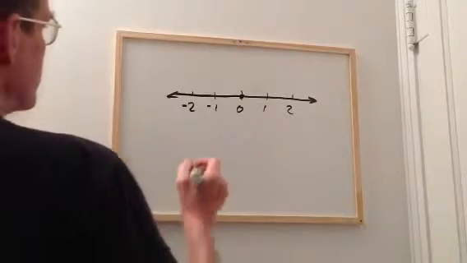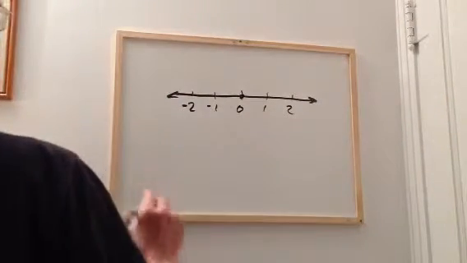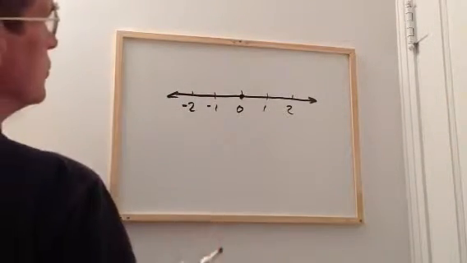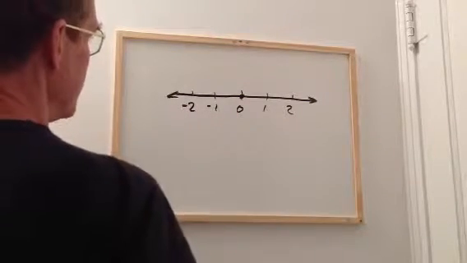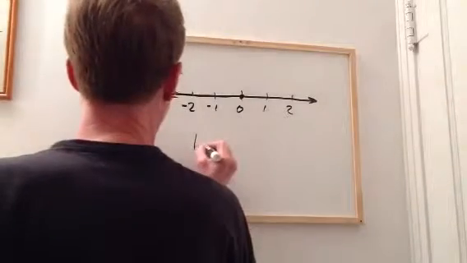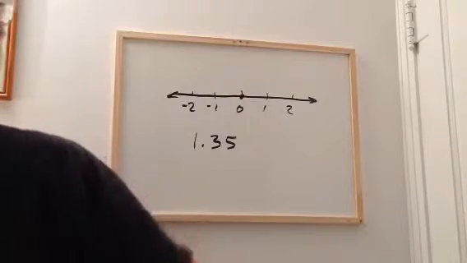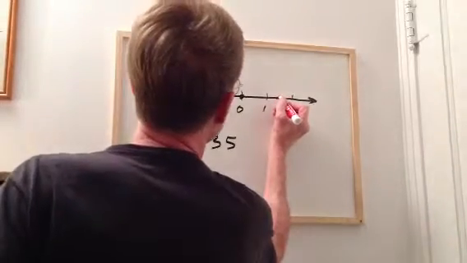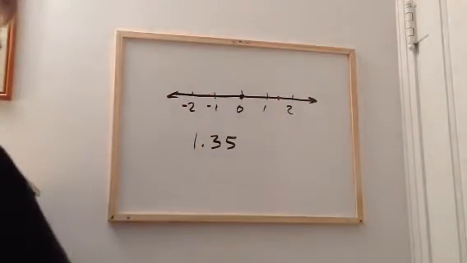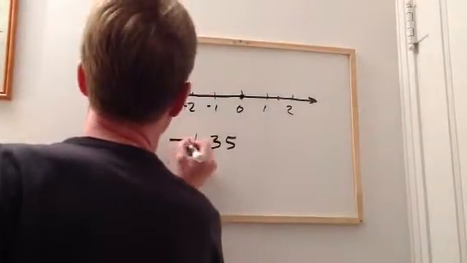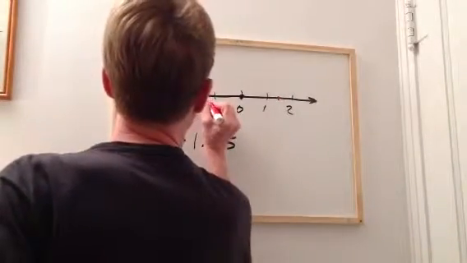However, we get into some trouble when we want to go positive or negative. If we simply indicate the magnitude or the extent that a number has, say 1.35, that would appear as a point right about there. If we indicate minus 1.35, it'll turn out to be right about there.